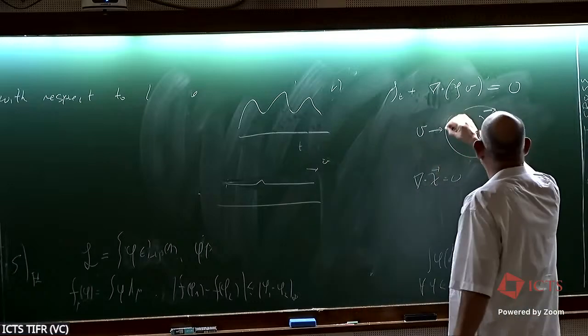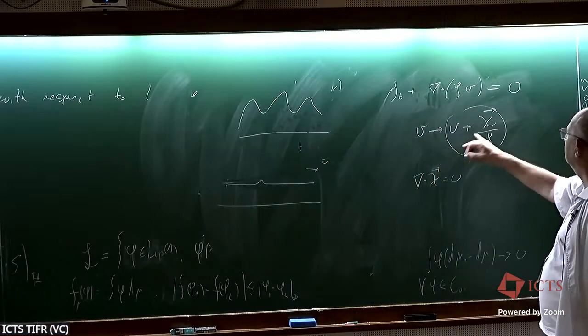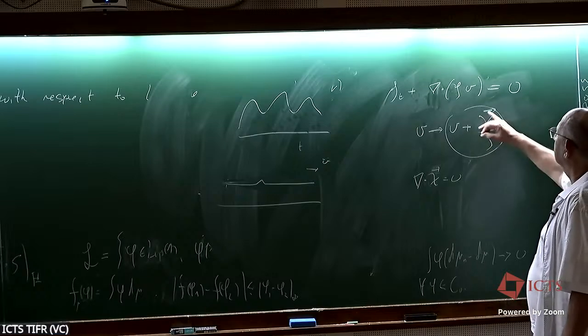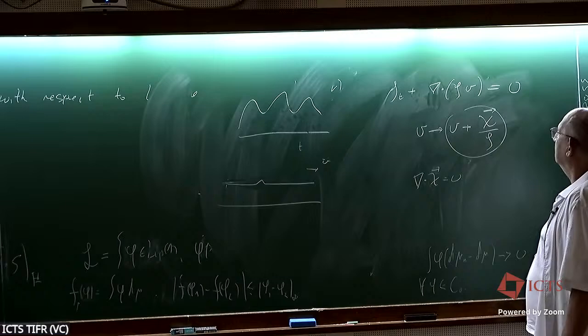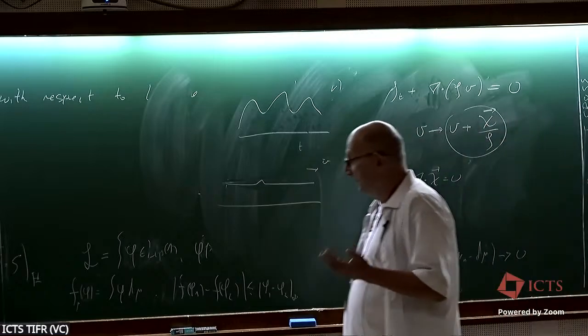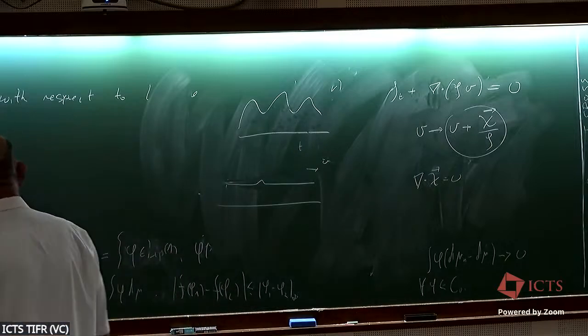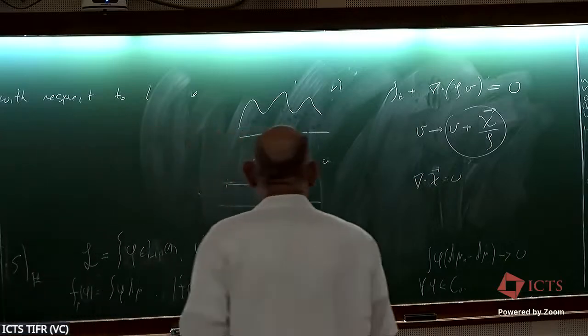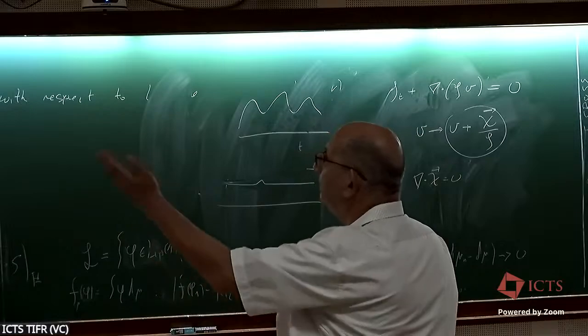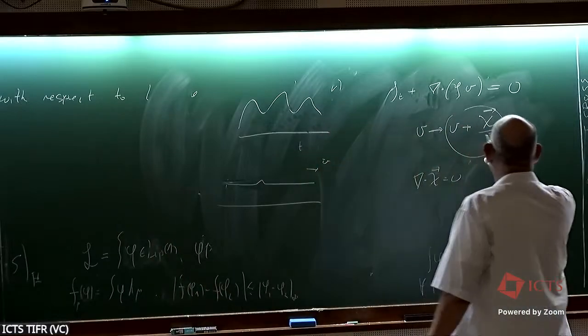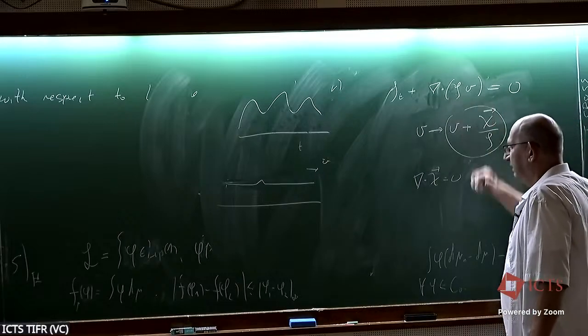And it's the same equation, right? If you add this term to V, it will still satisfy the equation. So we cannot expect uniqueness for the velocity field which drives this density, at least if the density is positive everywhere.